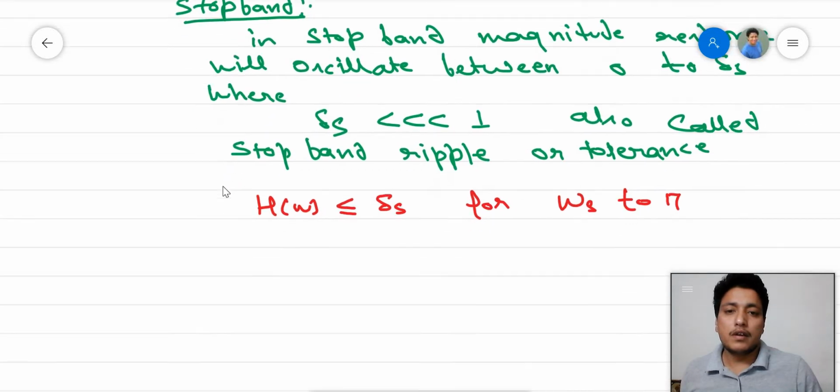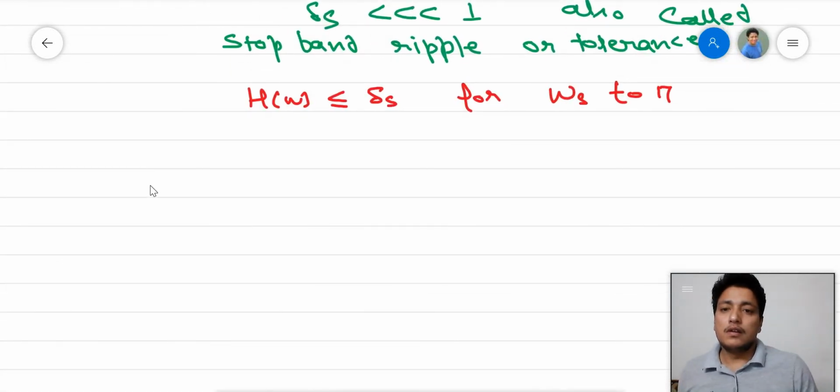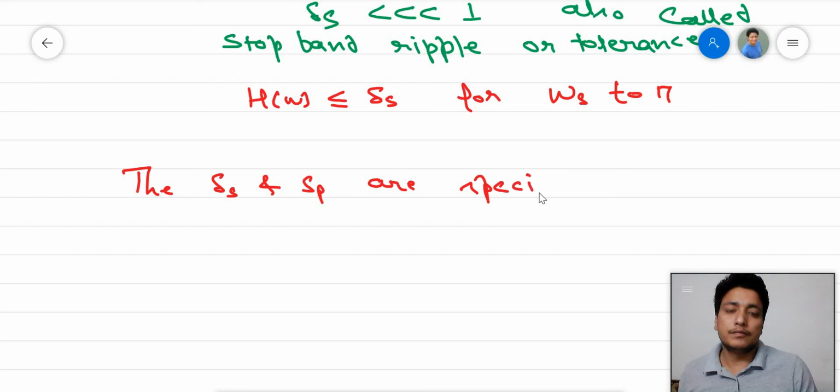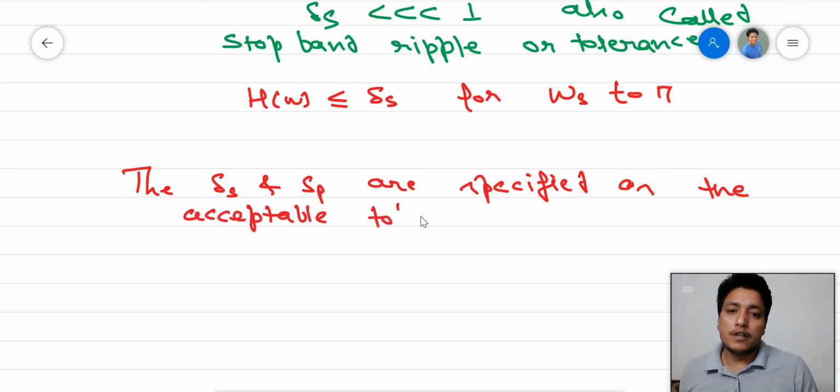Here the delta s and delta p are specified as the acceptable tolerance.